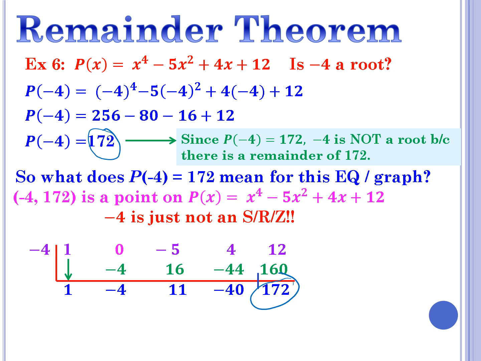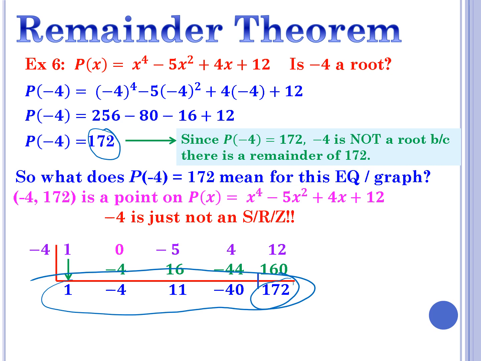Now, here's the one thing about the remainder theorem. It's not going to give you the quotient like synthetic division does. Synthetic division is going to tell you if you have a remainder, but it's also going to give you the resulting polynomial that you get through division.